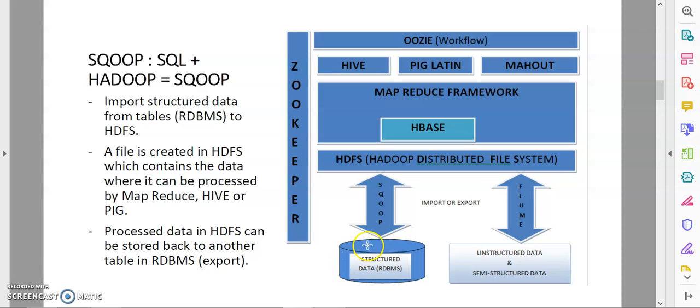The next one is called Flume. Flume is responsible for extracting unstructured and semi-structured data. Both Sqoop and Flume are capable of importing as well as exporting data to and from the data sources.